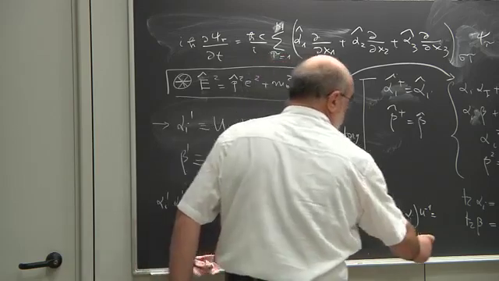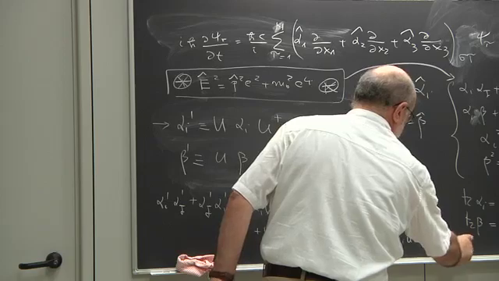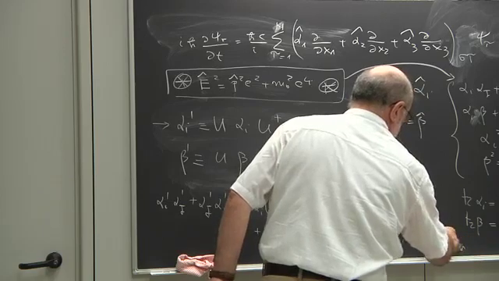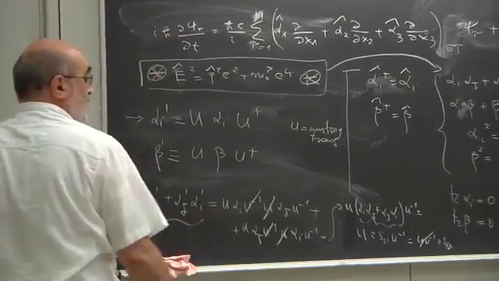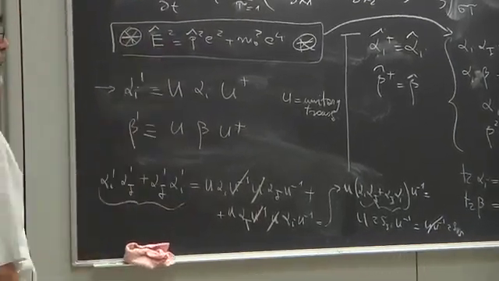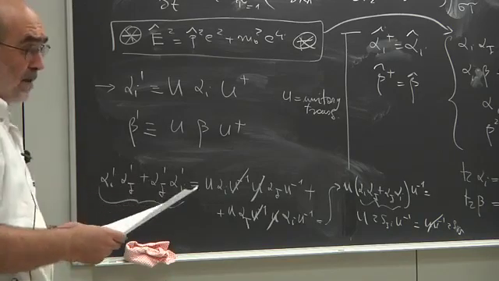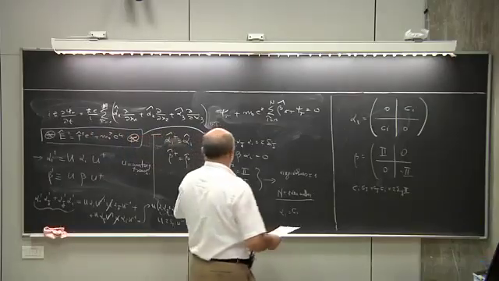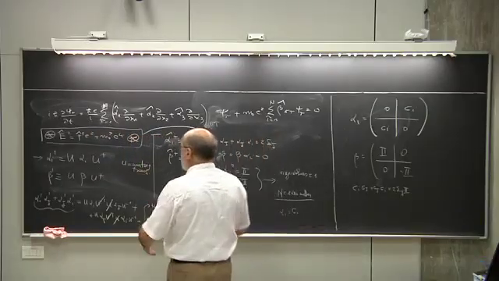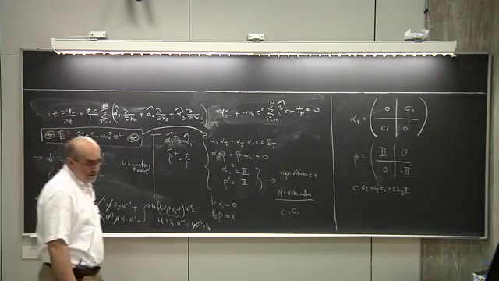The u can pass through, and so we have u to the minus 1, 2 delta ij, and this goes away. So that means the alpha prime also satisfy the same relation, and it's easy to do for all the others. You can do it as a simple exercise. It's not homework because it's too simple, and check that the others are also satisfied. So you can do a unitary transformation and nothing changes.